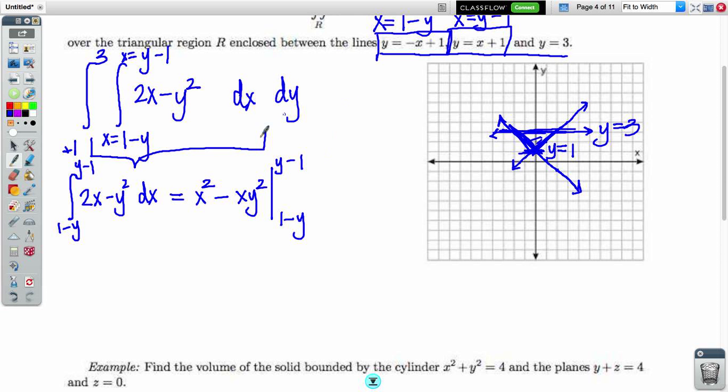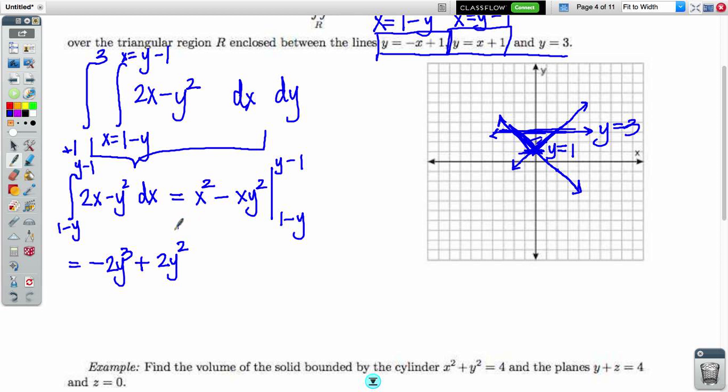So I'm going to plug those in, and this gets pretty ugly for a second, but when I evaluate and simplify, this entire thing becomes negative 2y cubed plus 2y squared.